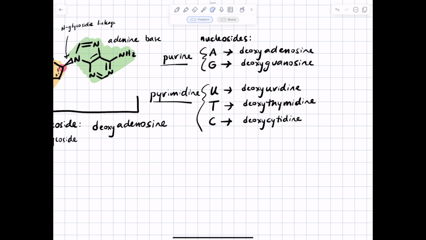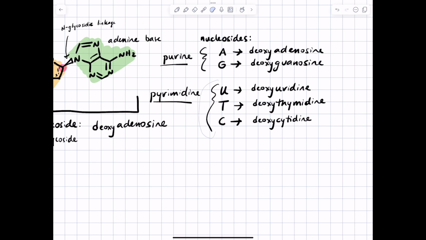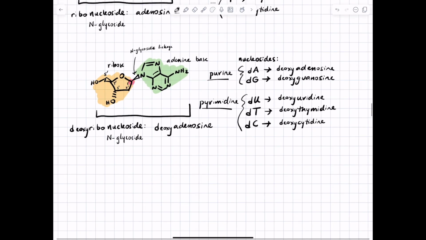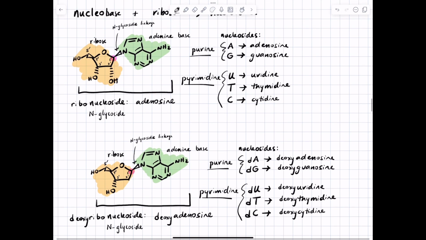And if you want to abbreviate these nucleosides, you would also place a lowercase d in front of the letter. Okay, so those are ribonucleosides and deoxyribonucleosides.